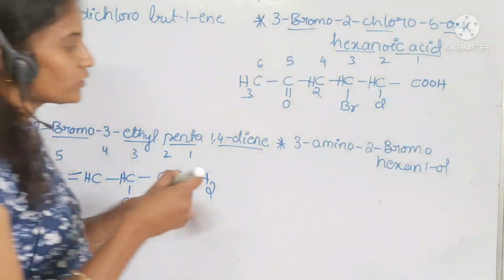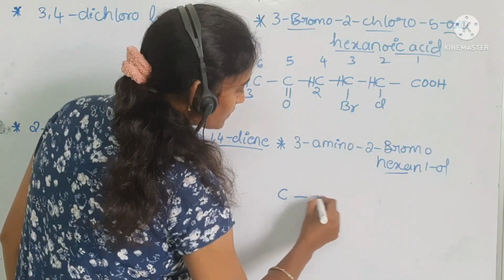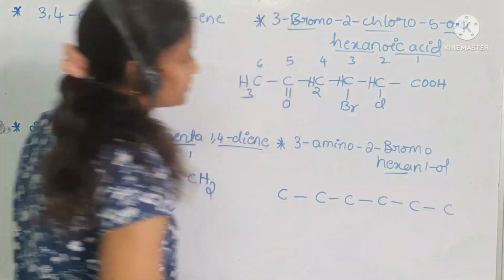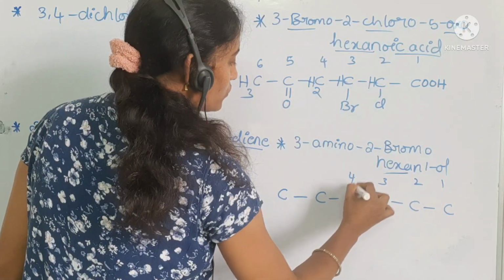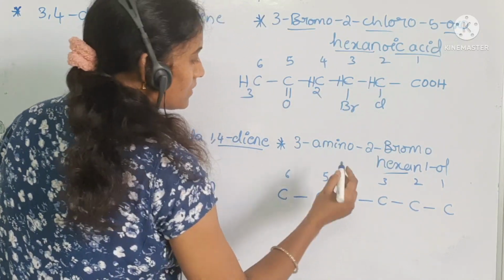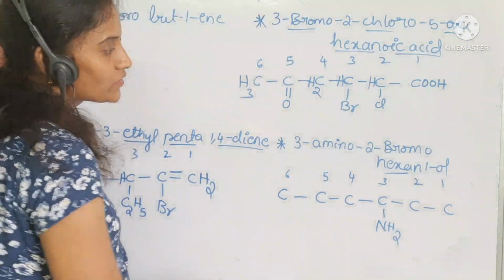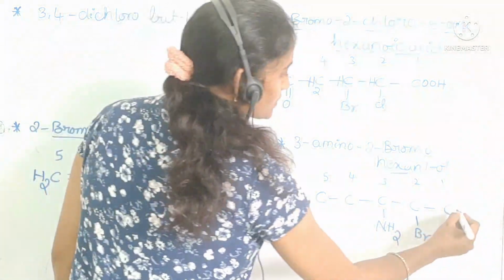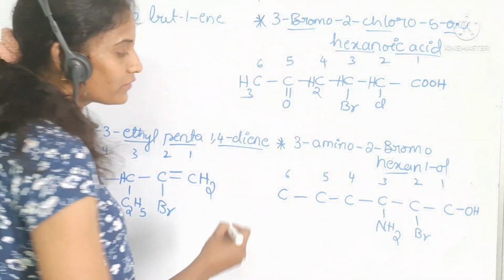Okay, now coming to this one, here also 6 carbon atoms: meth, eth, prop, but, pent, hex, students. Okay, next 1, 2, 3, 4, 5, 6. At third place 1 NH2 group, the amino group is nothing but the NH2 group. At second place 1 bromine, and at first place 1 OH functional group, the alcoholic functional group.